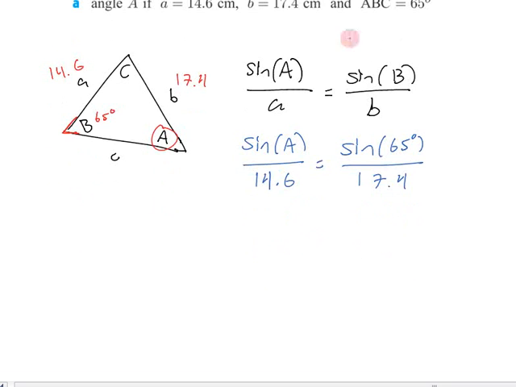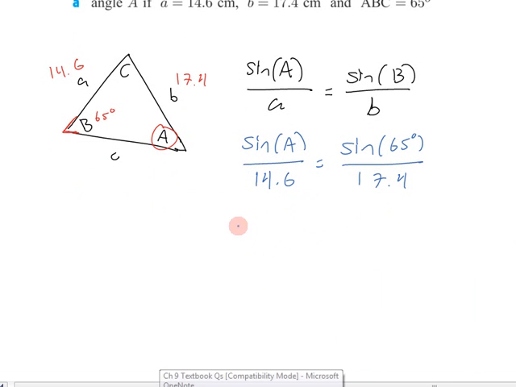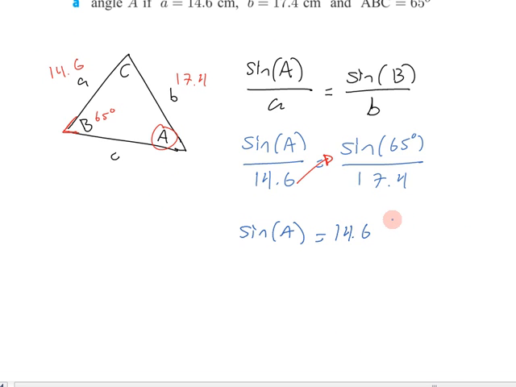We'll rearrange this to solve for the sine of angle A, and that'll give us the sine of angle A is equal to, and by multiplying both sides by 14.6, we get 14.6 times the sine of 65 degrees over 17.4. Now, 65 degrees is not one of the major angles that we're supposed to have memorized, and so we'll have to turn to our calculator to solve this expression. Our calculator is going to tell us that it's approximately equal to 0.760 to three significant figures.